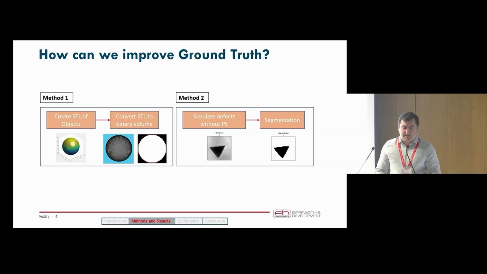However, I should also mention that the conversion between STL and binary volumetric masks only works now for basic shapes like spheres and cylinders. If we apply a complex shape, it performs not so well, I can say.